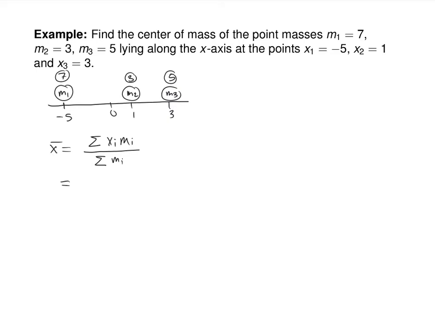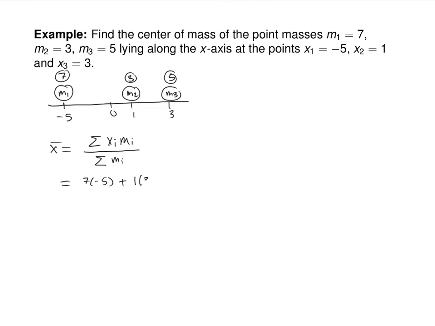Okay. So how many things are you going to be adding up in this particular case? 3, because you have 3 masses, right? So first, mass 1 times mass 1's location is 7 times -5. What is mass 2? Oh, sorry.